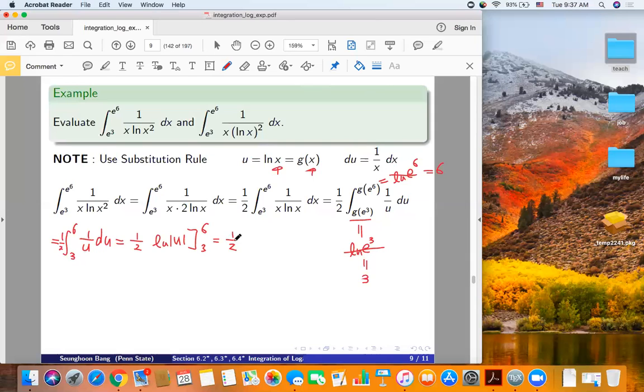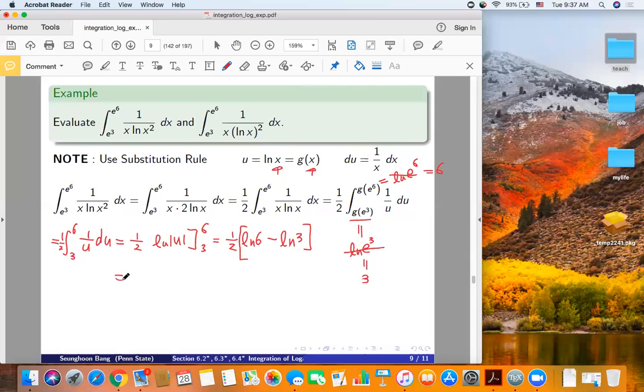So we have 1 over 2 times ln of 6, plugging 6 into u, minus ln of 3.